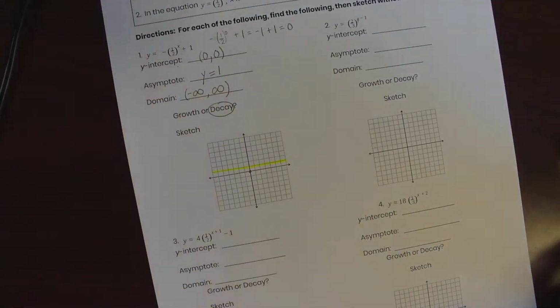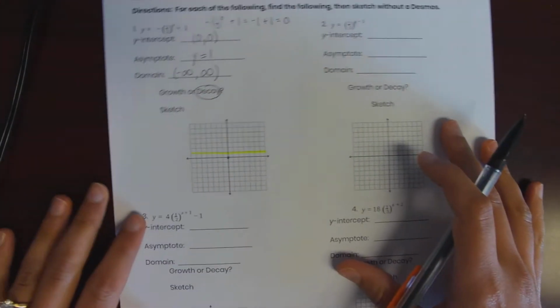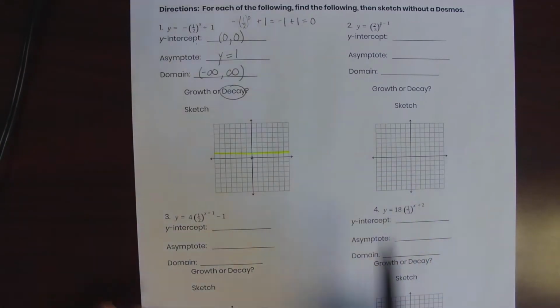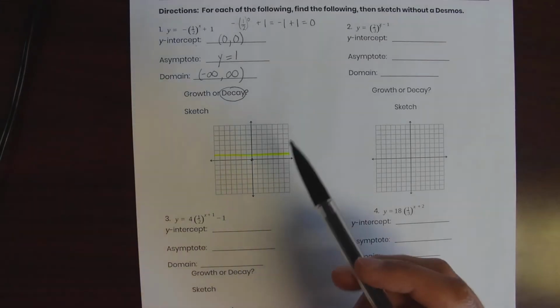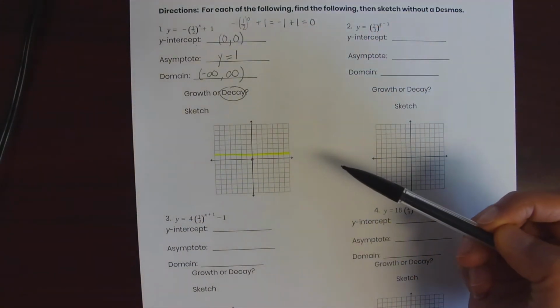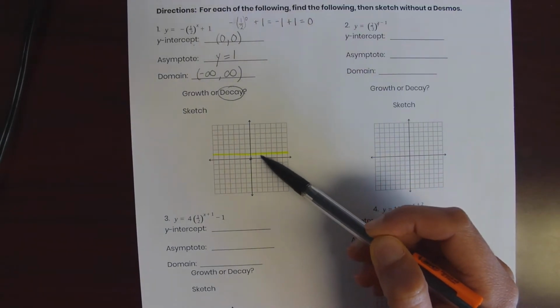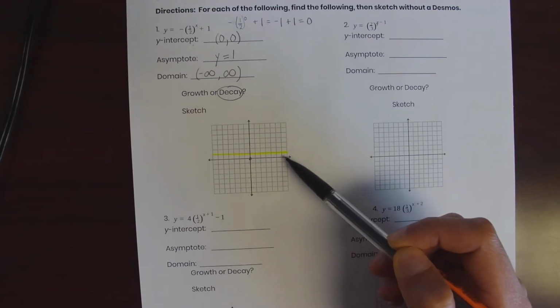I'm using highlighter, but you can use a dashed line to show that your asymptote is at y equals 1. Since it's decay, I know growth comes in horizontally, so decay is going to come in either from the top or from the bottom. Here I'm going to have to hit this point, and be almost parallel with this asymptote. It's not totally parallel, but I'm going to be approaching it.